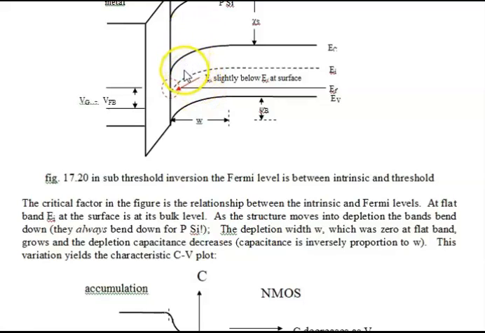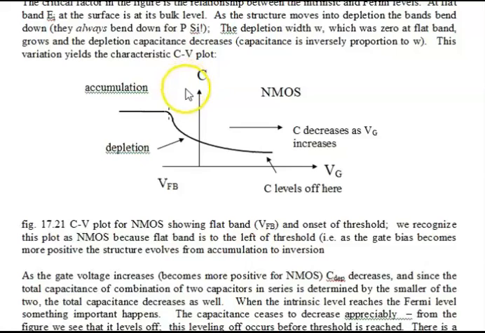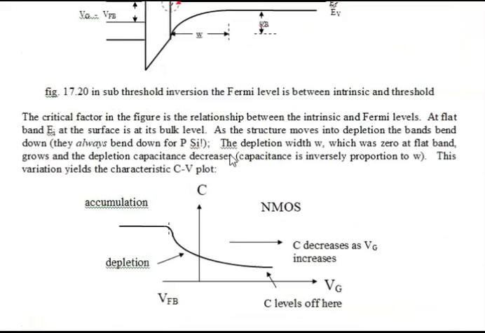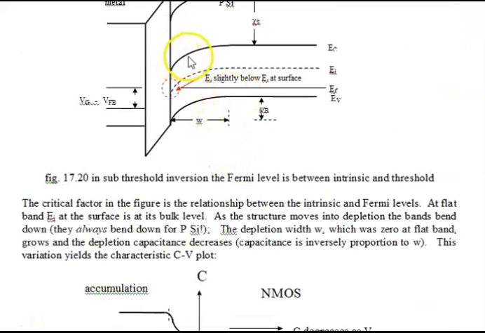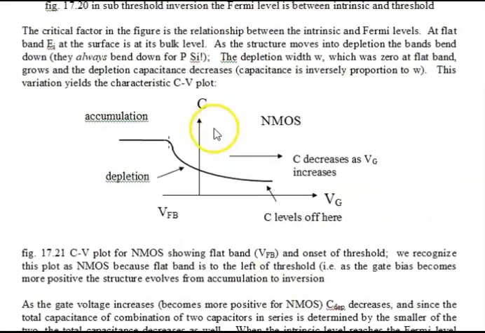This capacitance becomes the smaller of the two. So the smaller of the two starts to dominate, and the total capacitance decreases. And it continues to decrease as this capacitance becomes smaller and smaller as W becomes bigger and bigger. And this is the CV plot.